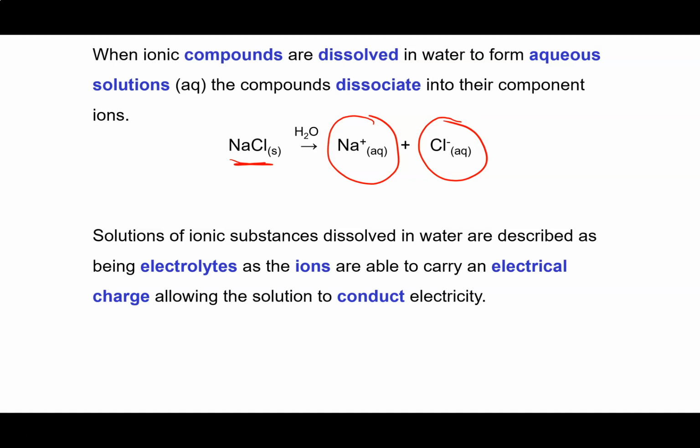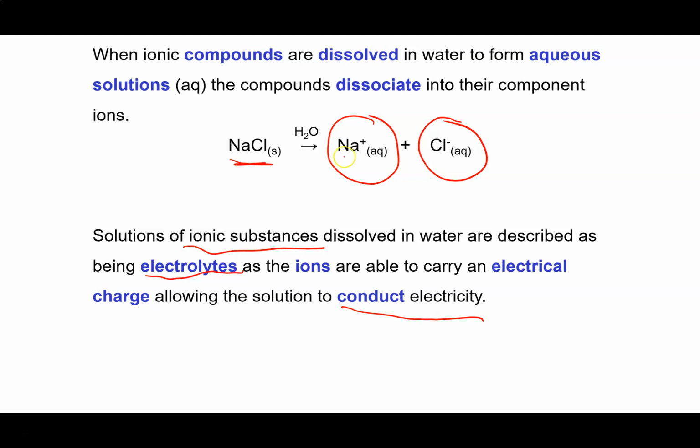And because we have these mobile charged particles, solutions of ionic substances that are dissolved in water are able to conduct electricity. Because they can conduct electricity, they're described as being electrolytes. So it's important to realize that electrical conductivity occurs because there are mobile, freely moving, electrically charged particles.